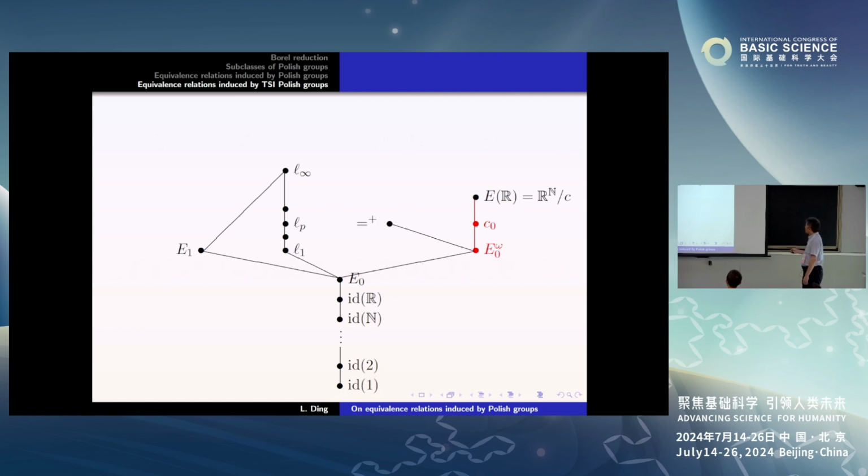Okay, now how about here C0 and C? We don't know. It's an open question here. And in the following we talk about some EG above here because this point is just E of R.